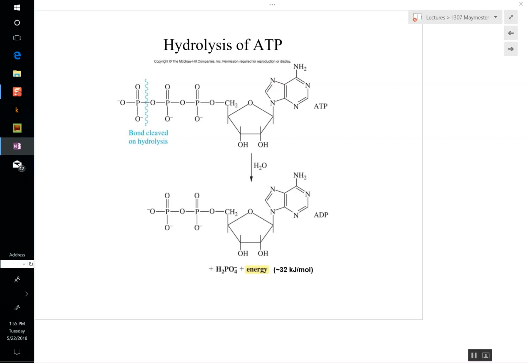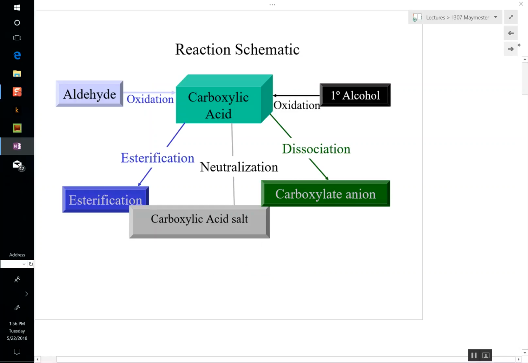So that phosphorus-oxygen bond is a high-energy bond. You break that bond, you release a lot of energy, and your body uses that to drive other chemical reactions. So that's the importance of phosphate esters.